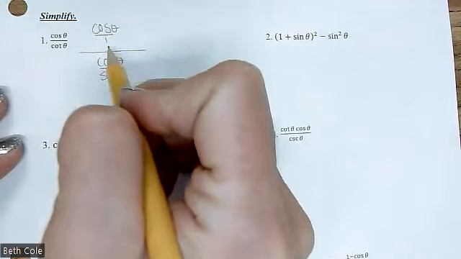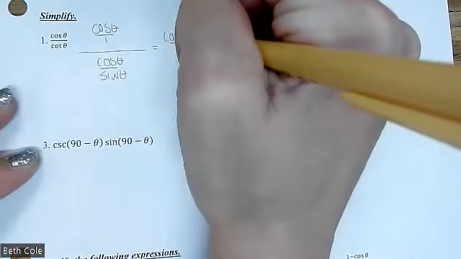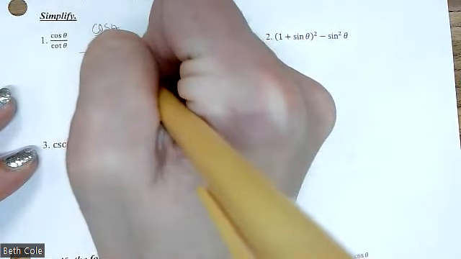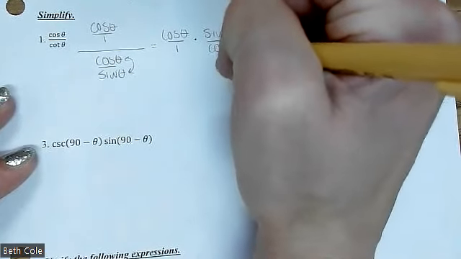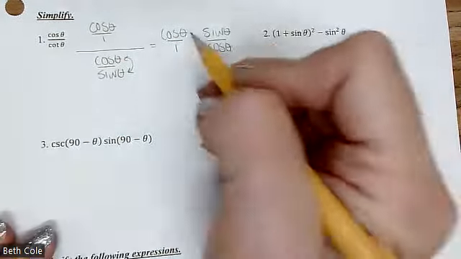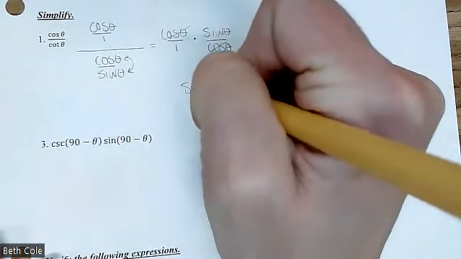So I'm going to keep this cosine over 1 the same. I'm going to put my little dot for multiplication, and then I'm going to flip this over. So it'll now be sine over cosine. So what is going to cancel? The cosines cancel. You're left with sine over 1, which is just sine.